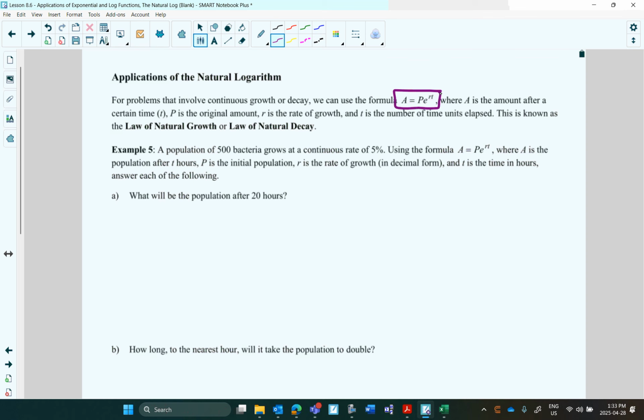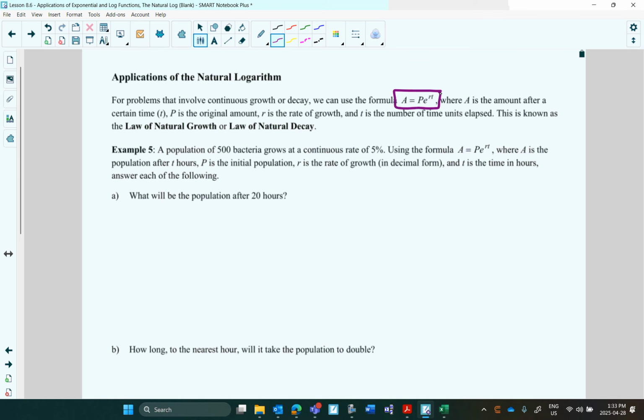P is how much you start with. R is the rate that it grows or decays. T is the time that it decays or grows for. e is just 2.7.